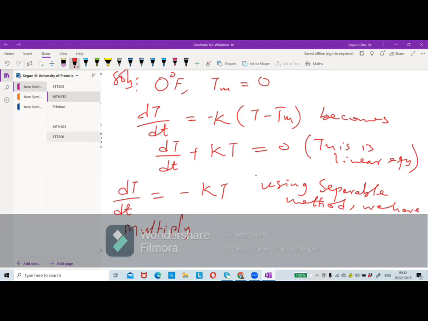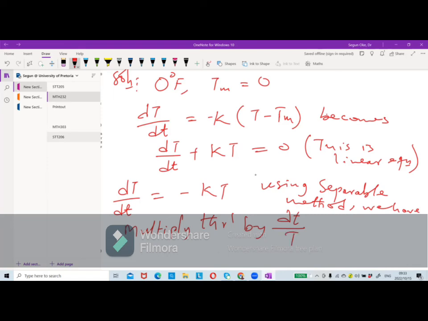So multiply through by what? Anybody? Tell me, what do I need to use to separate them? Should be the t. Yes. The small t or the capital T? Don't let me give you the answer. The small t. Small t over what? Over k?